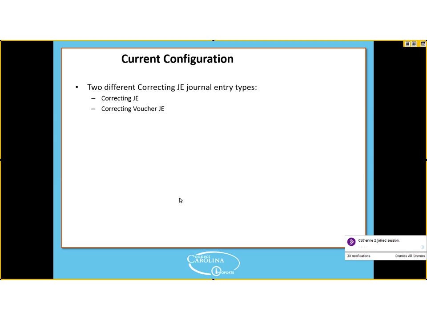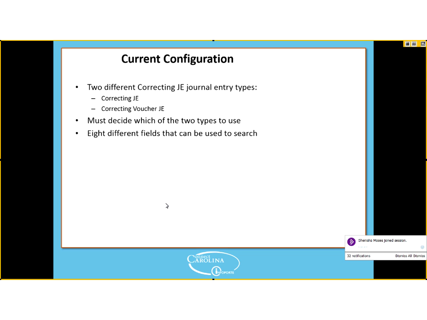All right, so as far as the current configuration goes, as many of you know, there are currently two different Correcting JE journal entry types. There's the Correcting JE type and the Correcting Voucher JE type. And when you do a Correcting journal entry, currently you have to decide which of those two types to use.